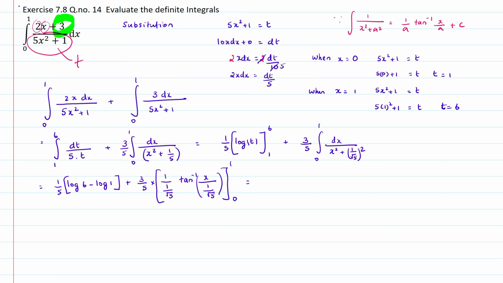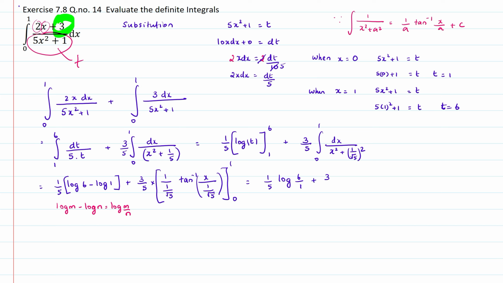This is equal to 1 by 5 log 6 by 1. We know that log m minus log n can be written as log of m by n.